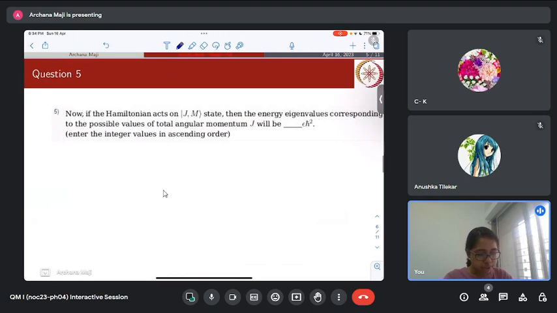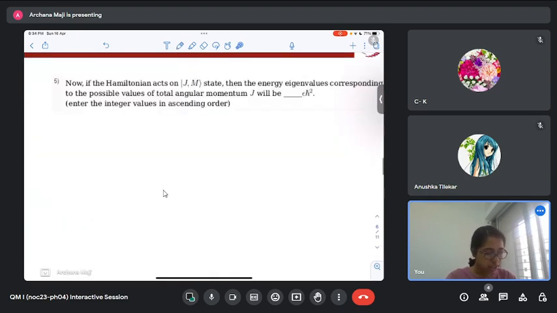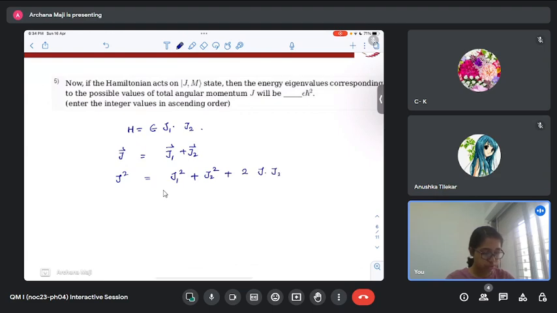Now if the Hamiltonian acts on the |J, m> state, what are the energy eigenvalues corresponding to the possible values of total angular momentum? The Hamiltonian is epsilon J1 dot J2. Total angular momentum is the vector addition of J1 and J2. If I do J square, we get J1 square plus J2 square plus 2 J1 dot J2.